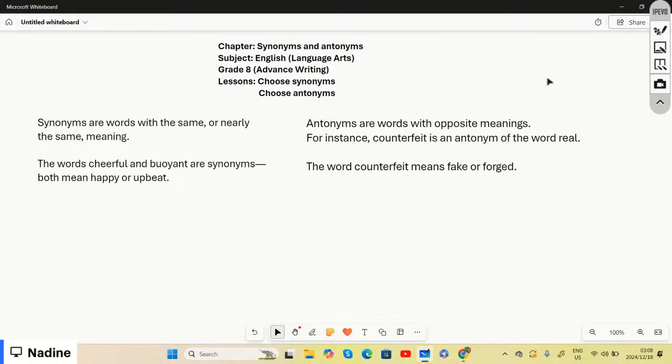So when it comes to synonyms and antonyms, starting with a synonym: a synonym, or synonyms, are words with the same meaning or basically almost the same meaning.